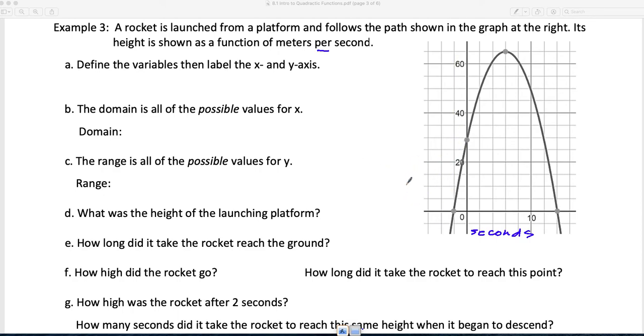And I've got to write sideways. That ought to be interesting. That's the height, and it is still in meters. All right, so the variables, x is going to be equal to the number of seconds. So we shoot it off. It's in the air for some amount of time.